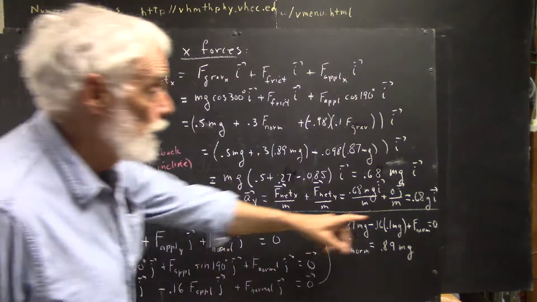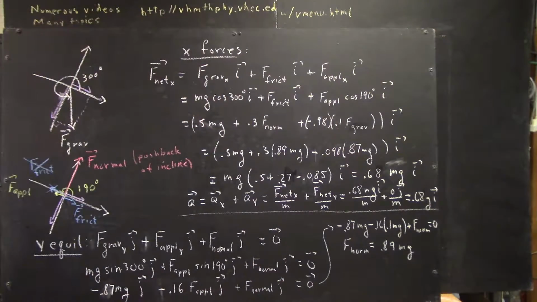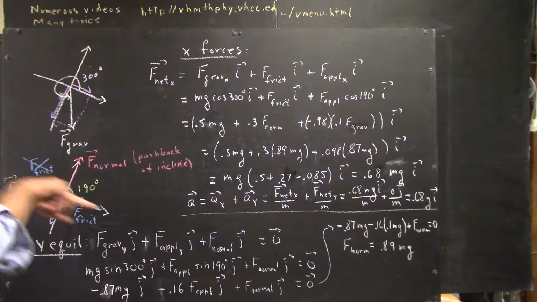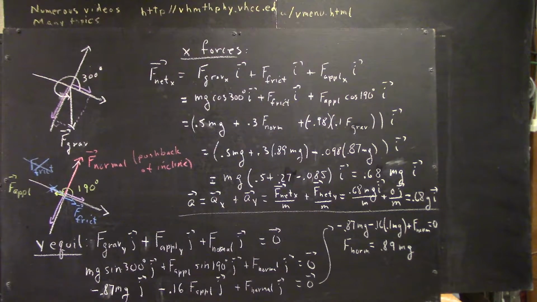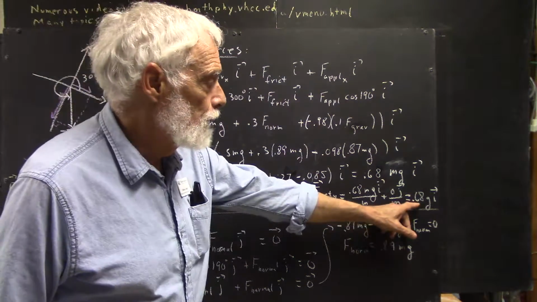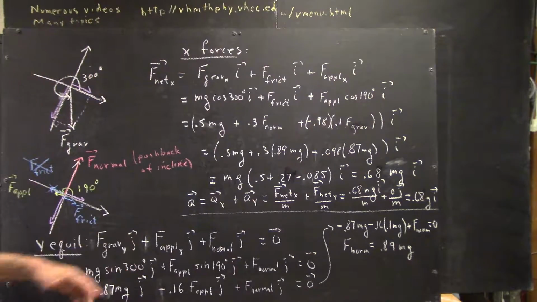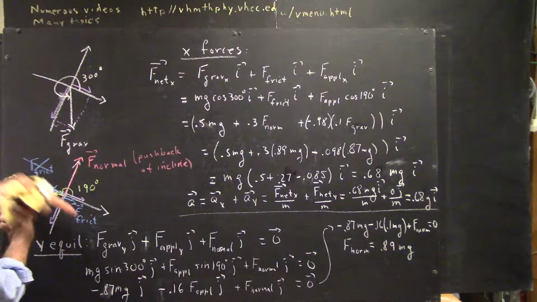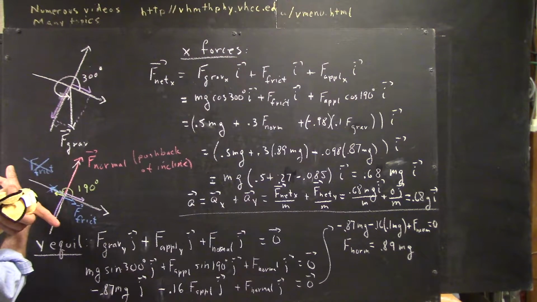So why does it have a greater acceleration? That's a little counterintuitive. Well, the reason is we're going uphill. So friction is acting downhill. So friction's resisting our motion. That gives us a greater acceleration down the incline because we're moving up the incline. Down the incline is a direction that resists motion.